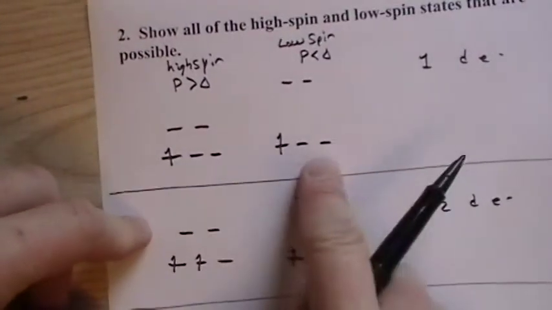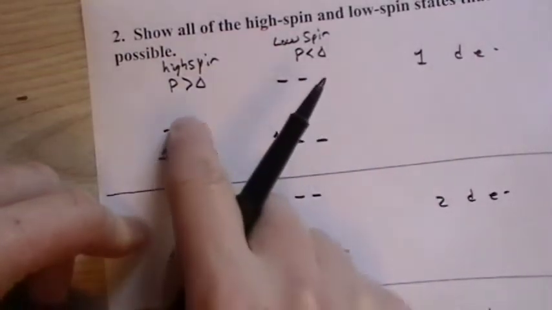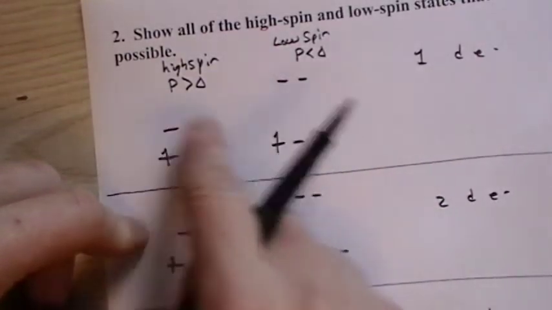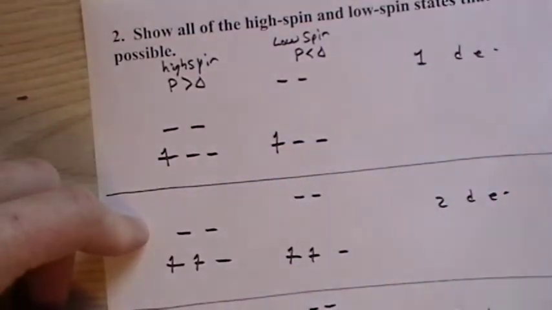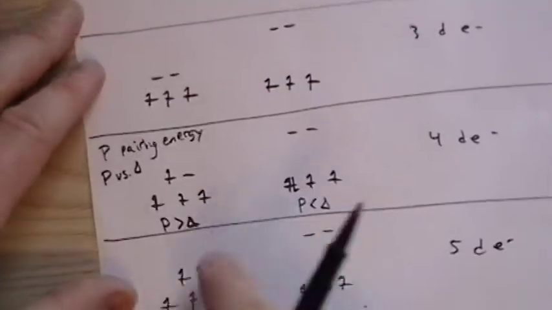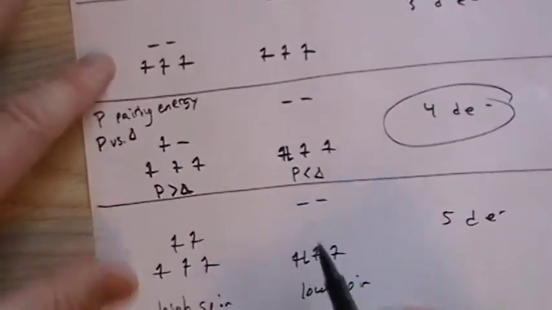Here, when there's only 1, there is no difference between high spin and low spin. The crystal field splitting versus the pairing energy is still there in these different complexes, but we can't notice the difference. Not until we get to 4 electrons do we notice the difference.